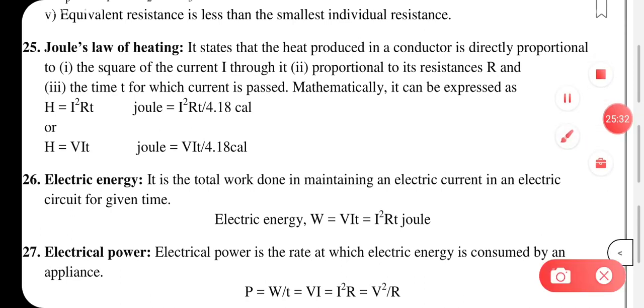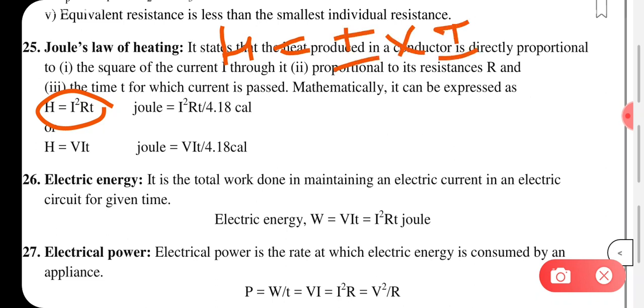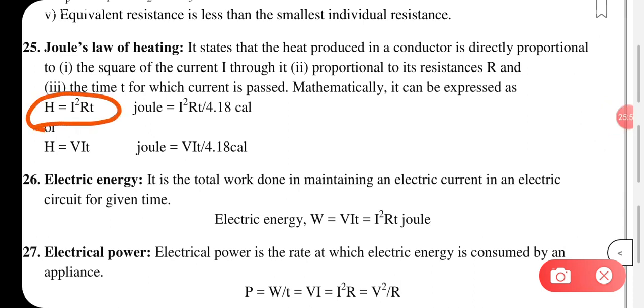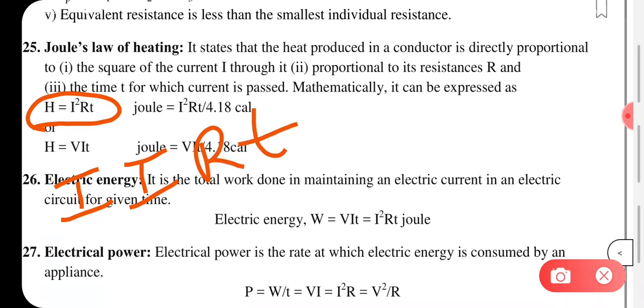This formula you have to remember, H is equal to I square RT. In this there are 2 I's, and there is one R and one T. Now you know already that V is equal to IR.